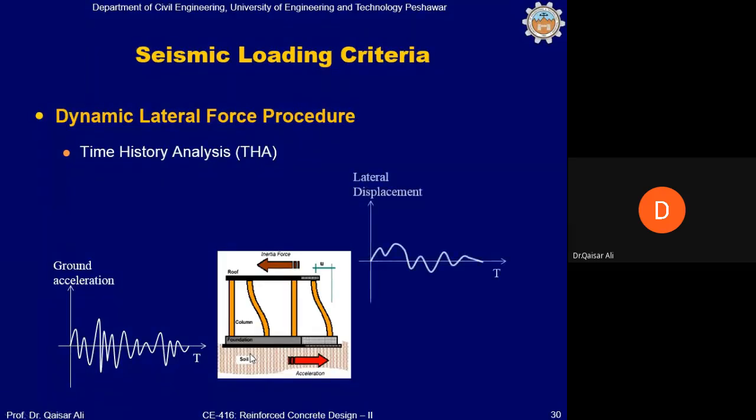And then the response of the structure in the form of relative displacement is calculated at every instant of time, in the form of a history of the building during the time duration of the earthquake. And then these displacements are multiplied with the stiffness of the structure in order to determine the force F. And then the stresses in all parts of the structure at any instant of time during the duration of the earthquake are calculated. So this gives a time history.